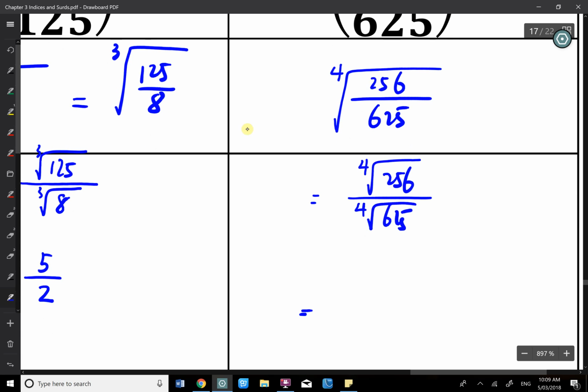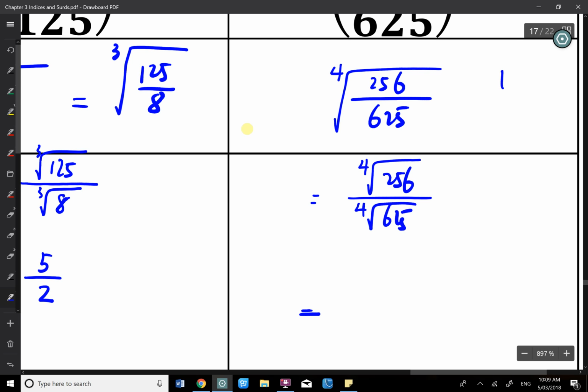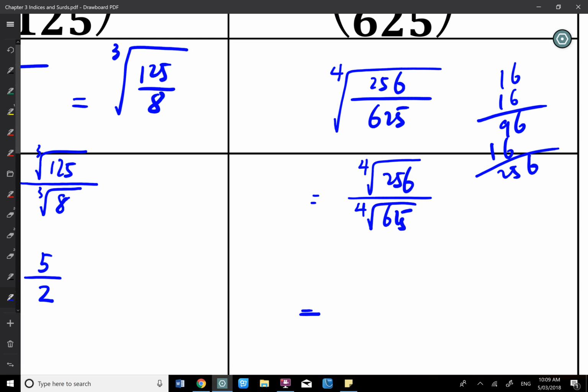What will the numerator be? Well, 16 times 16 will give you 256. If you see 256, you should remember some of the square numbers, at least the square numbers from 11 to 20. So 11 squared, 12 squared, 13 squared, 14 squared. Try to remember those results, and it will be easy for you to do those questions.